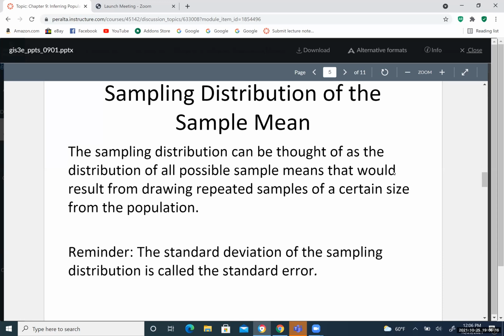The sampling distribution can be thought of as a distribution of all possible sample means that would result from drawing repeated samples of a certain size from the population. This definition is a bit broad, right? Later you will see the pictures, like I said, they try to stick all of this together.